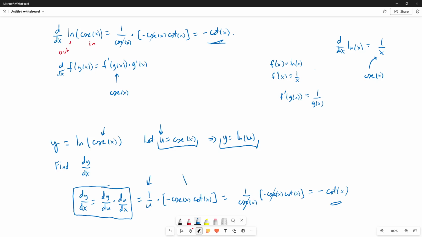So you just multiply those together, and you get almost an answer. The problem with this expression is that it has this variable u in it, which we just created out of thin air. So we just replace the u in the next step with the cosecant of x, and then simplify our answer, and there it is.